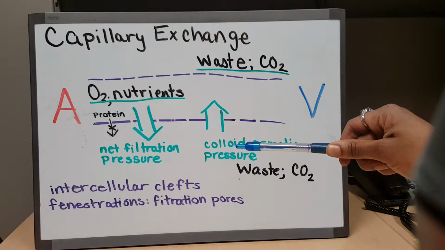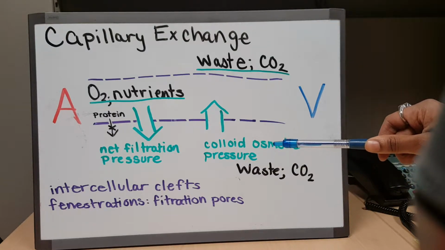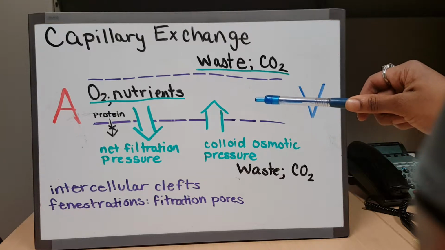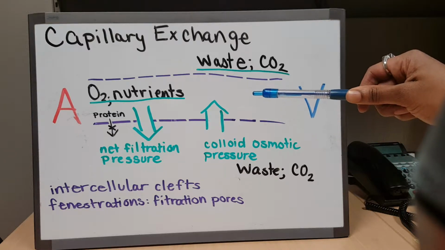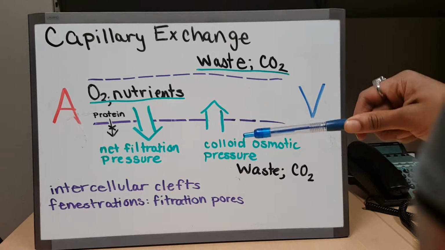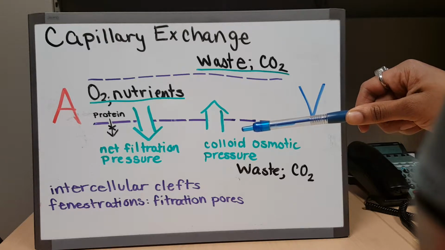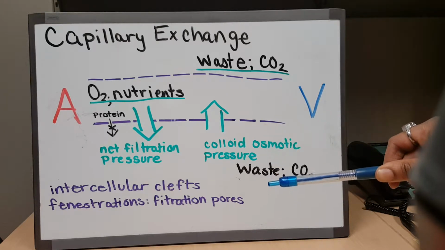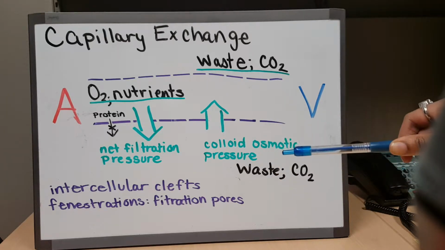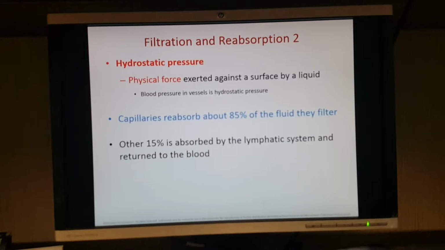The opposing force is your colloid osmotic pressure, which is the pull from the proteins inside the blood, driving water, fluid, into the capillaries. It is the opposing force that brings your waste and CO2 into your capillaries, so they're able to be taken away back to the heart through your venous system.